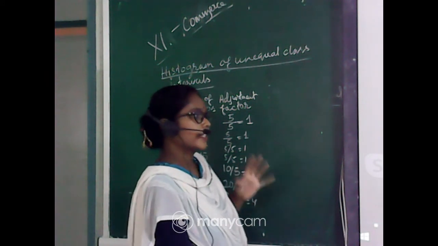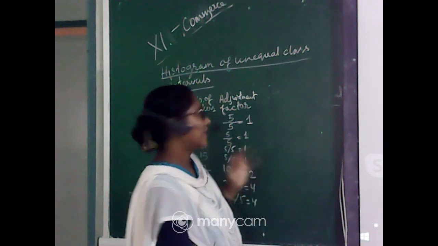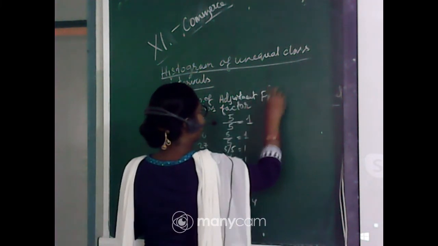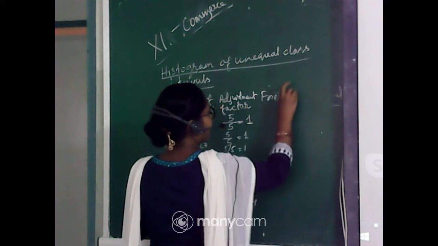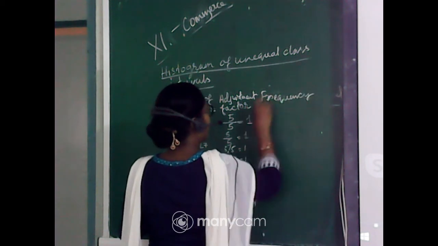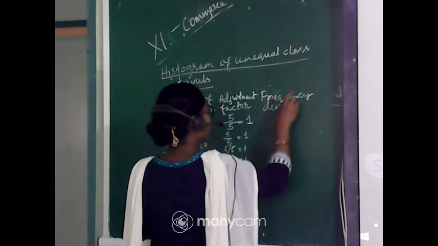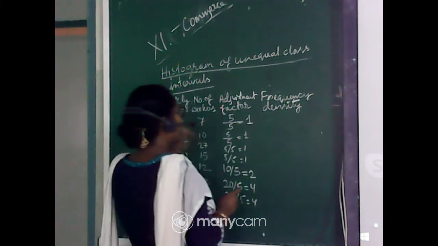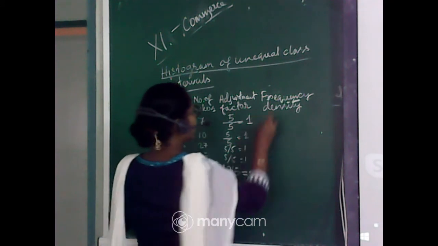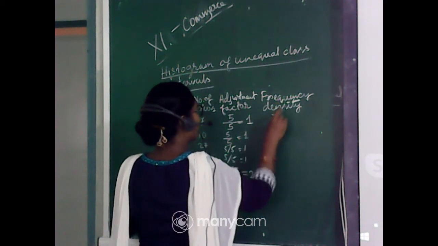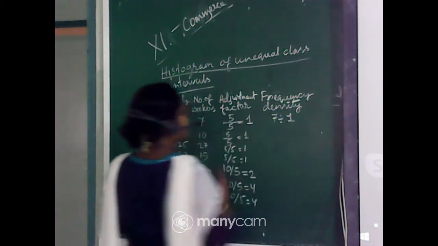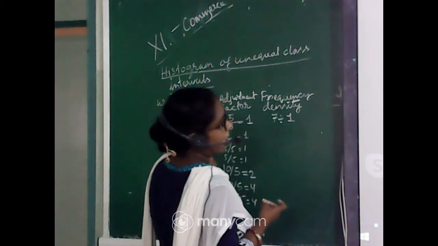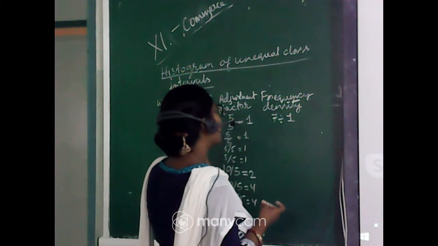Now we find the frequency density. Without frequency density we can't draw the diagram. Next column, make frequency density. How do we find it? The given frequency divided by the adjustment factor gives the frequency density.